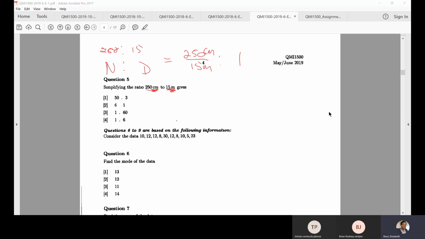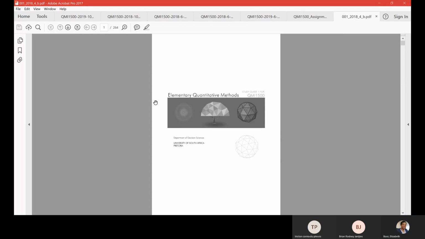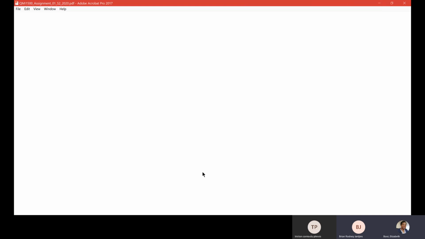We'll need to convert that first before we can use it. Is it times 100? It's 15 times 100. 15 times 100, and that is how much? 1,500. That will be 1,500.